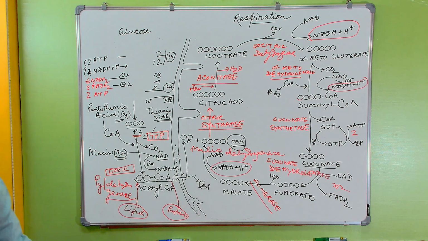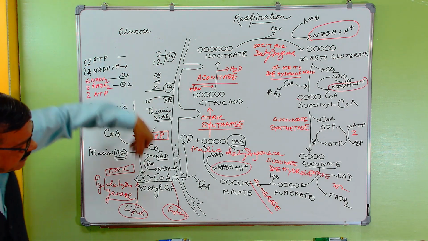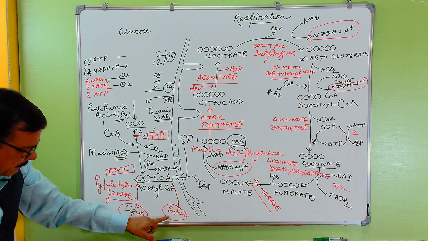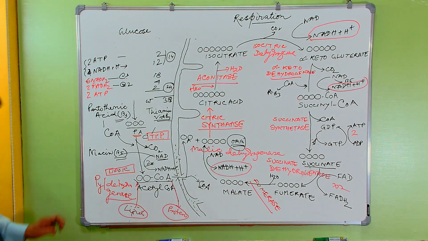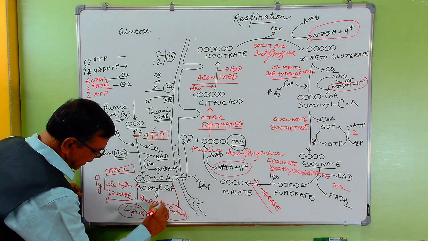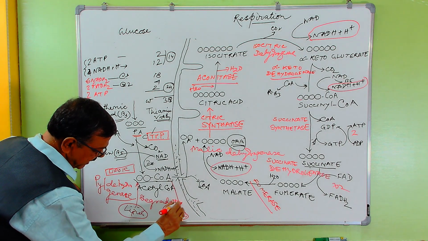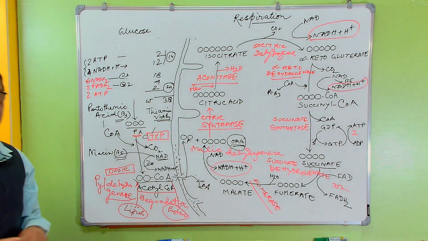Glucose is carbohydrate that we have gone through; protein and lipid on degradation produce acetyl coenzyme.